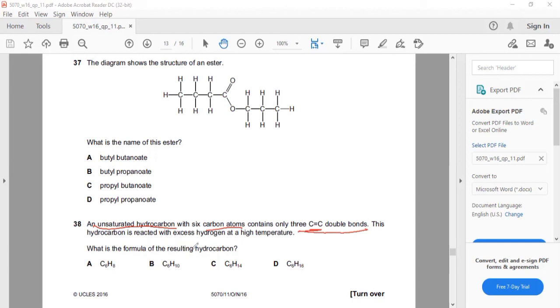What is the formula of the resulting hydrocarbon? Resulting hydrocarbon means all the double bonds will be saturated. So in saturated alkane, C6H how much? 14. If it is excess hydrogen, all the double bonds will be converted to saturated ones. So 38, C is the answer, because alkane hexane will form. Hexane is C6H14.